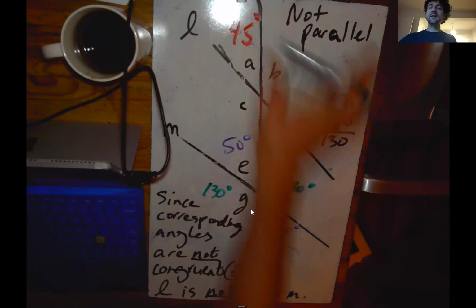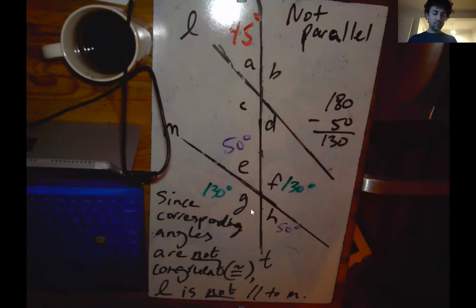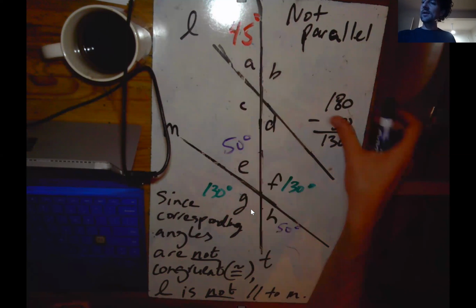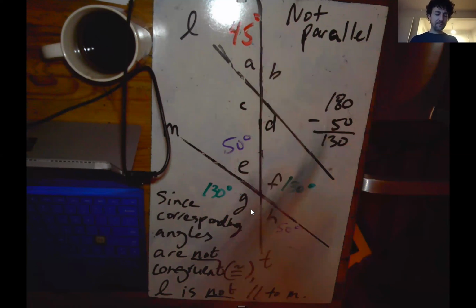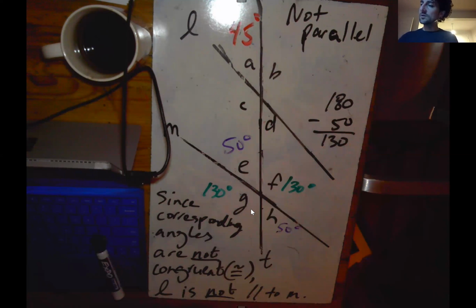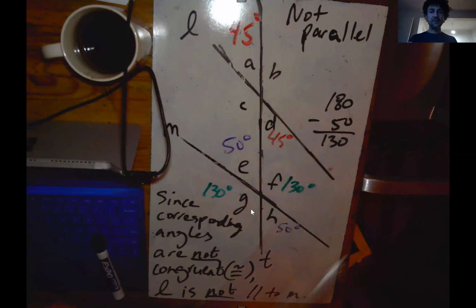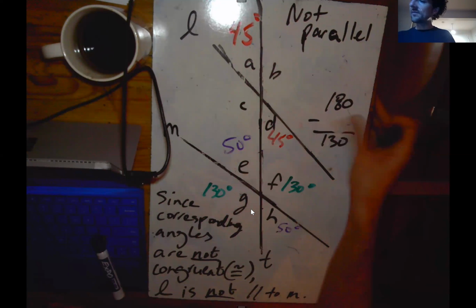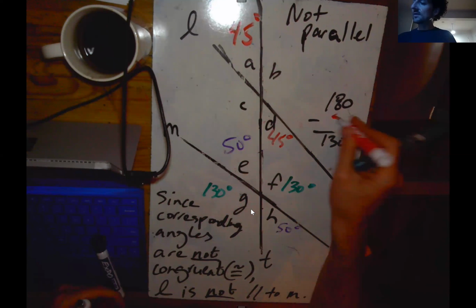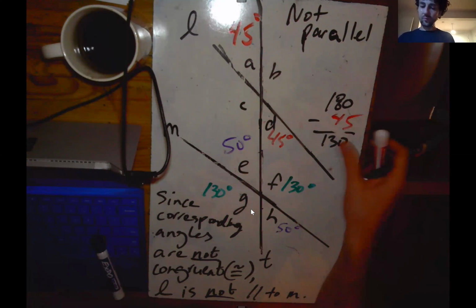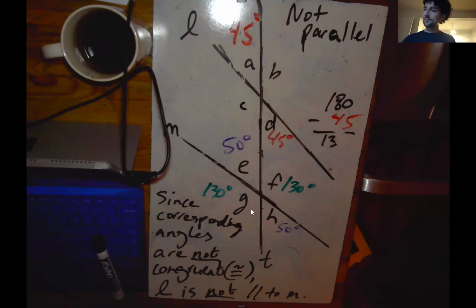Now to just finish off our evidence, if we look at the top, we want to deal with the 45. So now angle A and angle D, again, are vertical. So they have the same angle measure. They're congruent, 45 degrees. Then if we subtract from 180, we get 135.